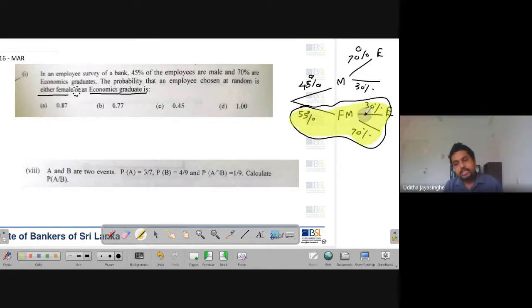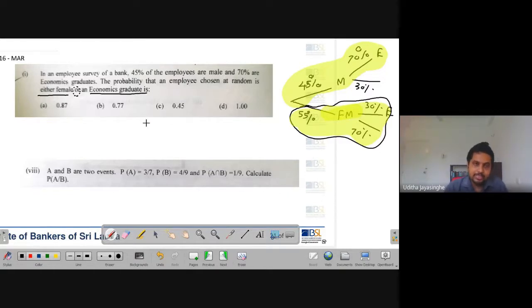Am I bothered whether I get economic graduates or not? No, it's female, 55%. And there's another branch coming up from this area. From a probability point of view, there's a 70% chance that out of the male population also, there are economic graduates and non-economic graduates.